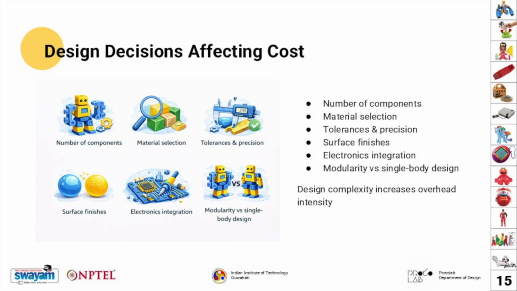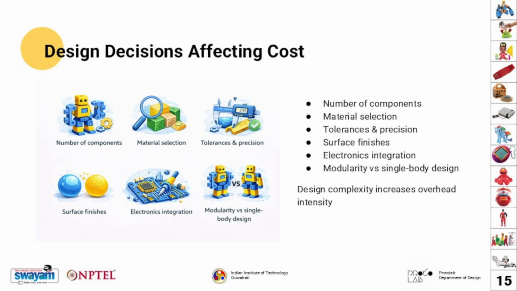So, clearly, every design decision you make has a cost ripple effect. Start with the number of components. A toy made of 3 snap fit parts is very different from one made of 18 screws, 6 inserts, and 2 electronic boards.